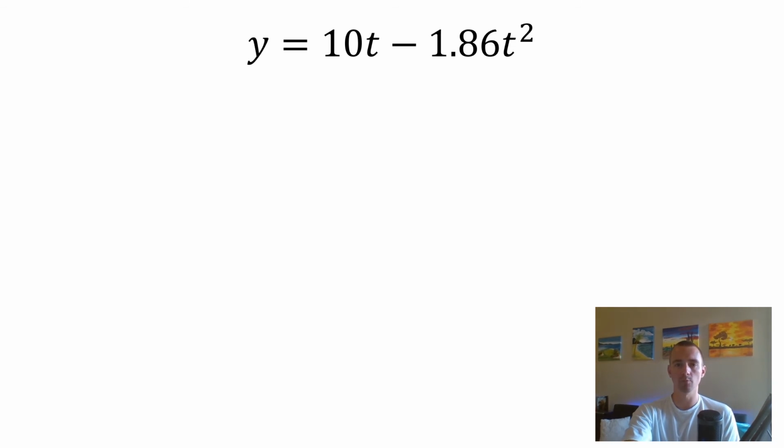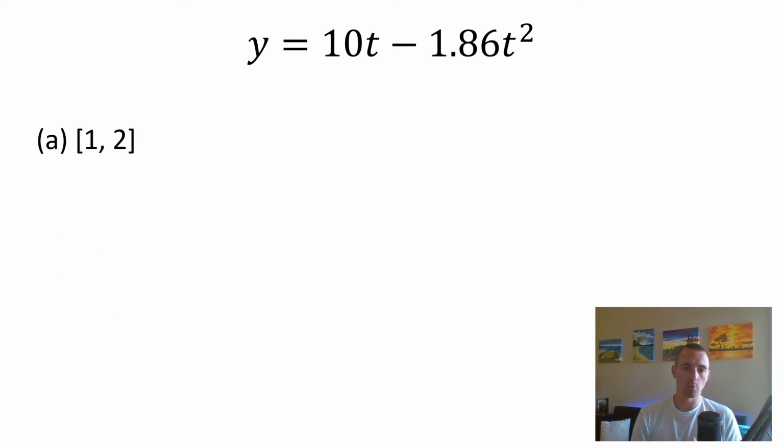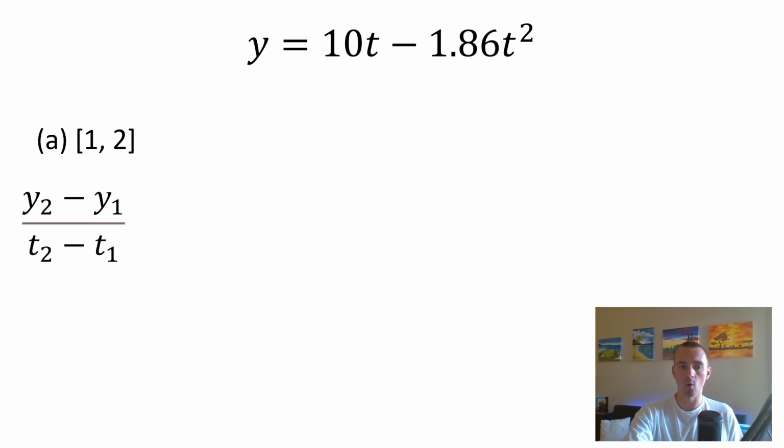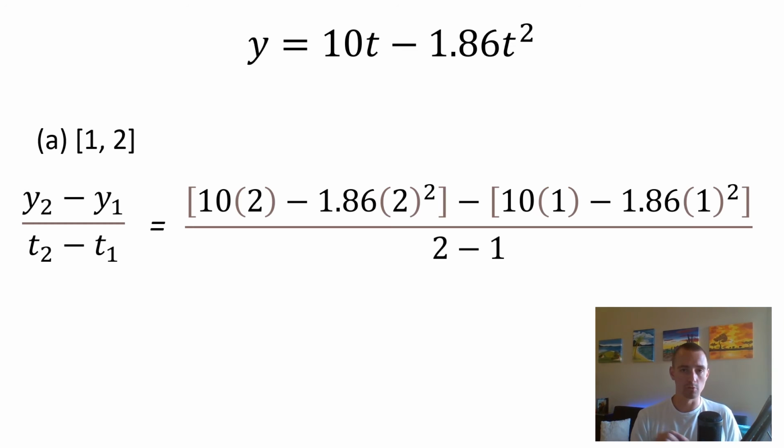So what that looks like in practice: in part A, we're trying to find the average velocity of this object, with this height formula which tells us the height at time t, as it moved from time 1 to time 2. We use that exact same formula, y2 minus y1 over t2 minus t1. So the height of our object at time 2 minus the height at time 1, over time 2 minus time 1.